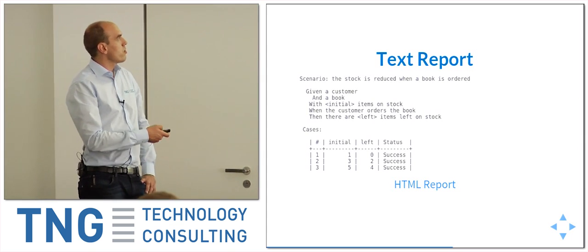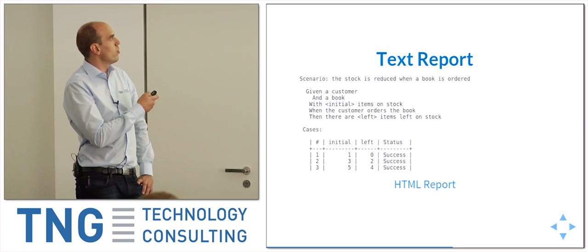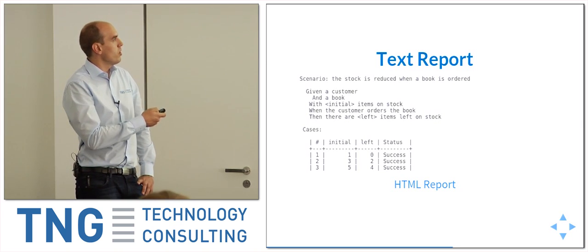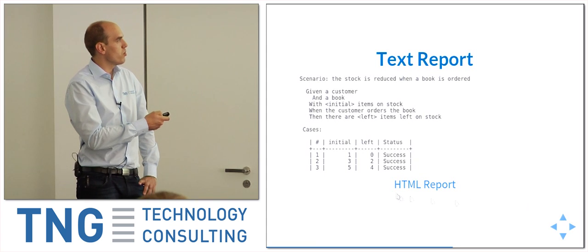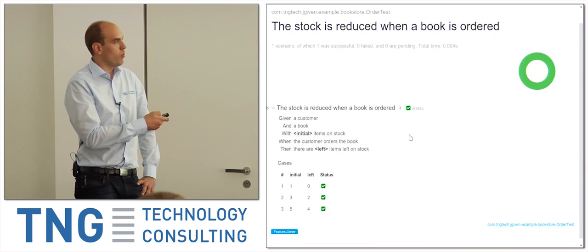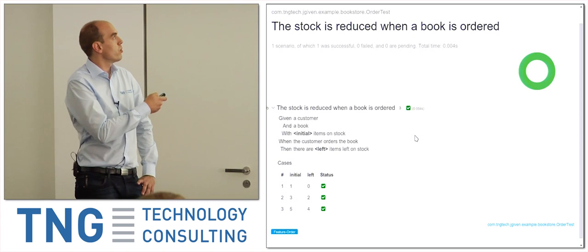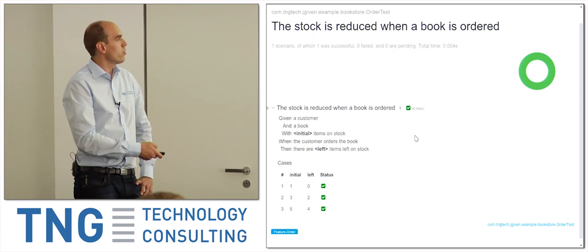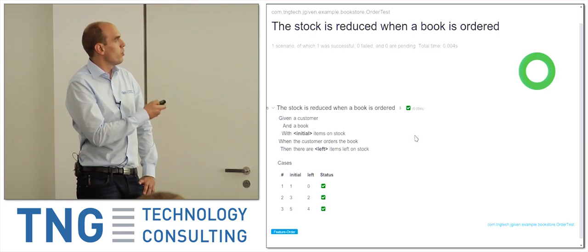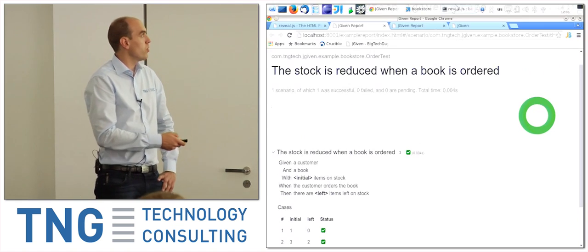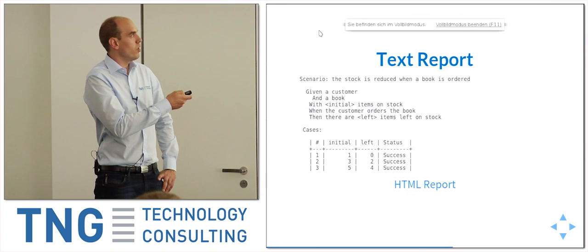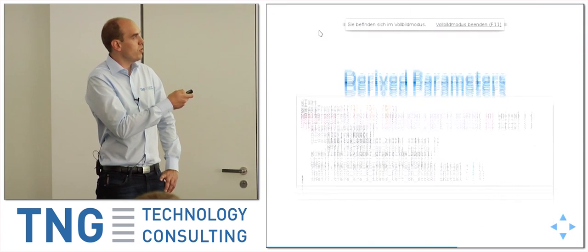Yeah, another nice feature is derived parameters, because sometimes you only want to provide one parameter, but another parameter can just be derived because you know, okay, this parameter is always one less than the other, and maybe you don't want to write this down here. You can do this in JGiven. It will generate another parameter here, because JGiven actually doesn't matter which parameters you pass in.